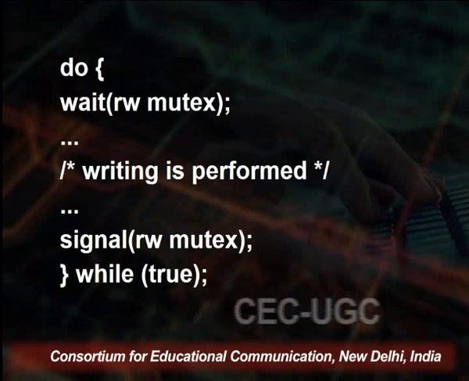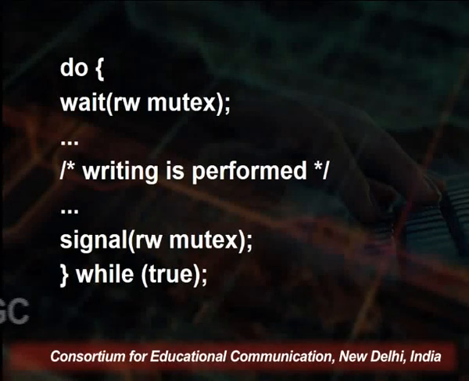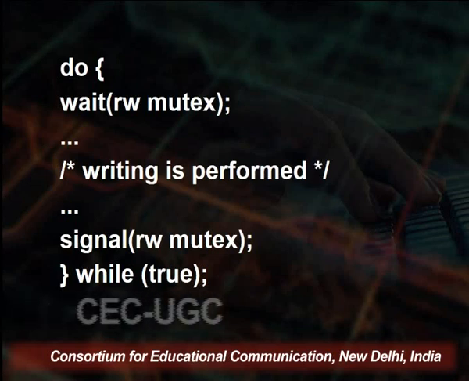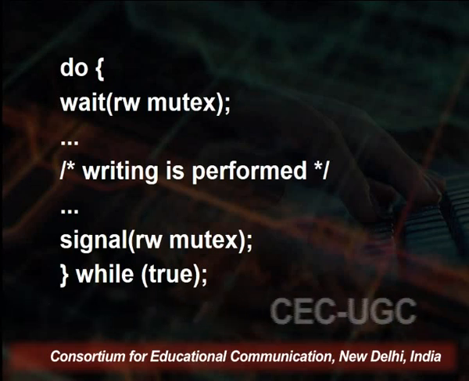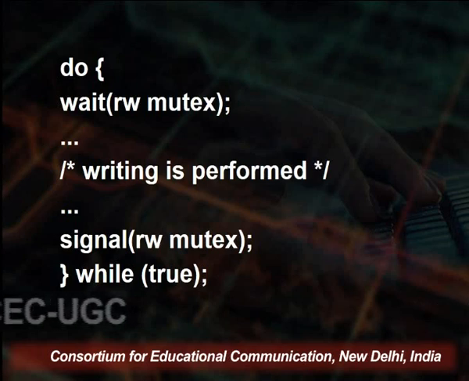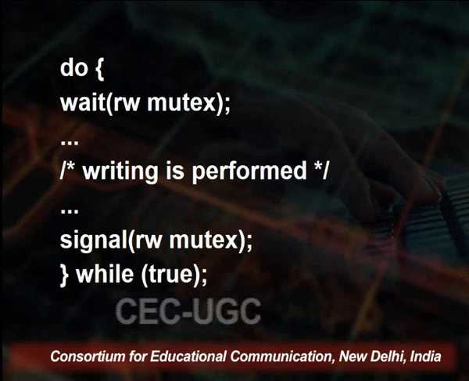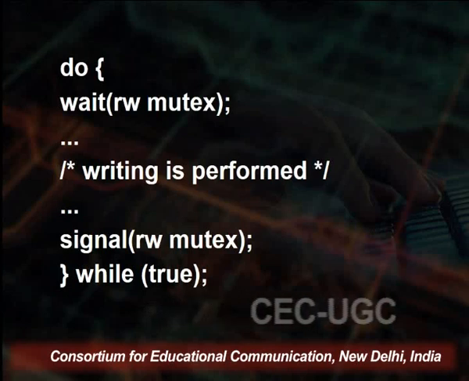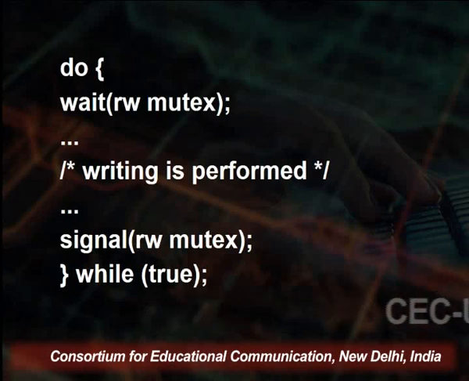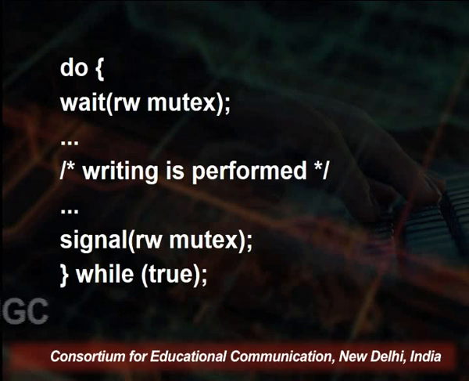Now, coming to the solution. What is the process which we want not to be executed simultaneously? That is the read-write process, or the update process. We have already seen the utility of the wait and signal system calls.